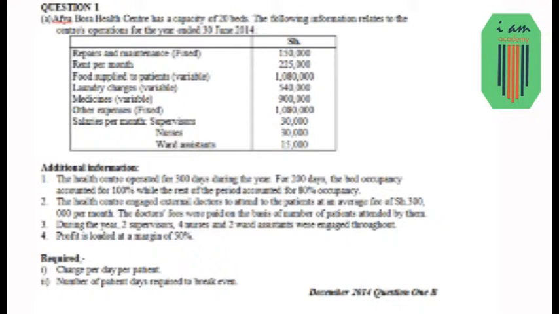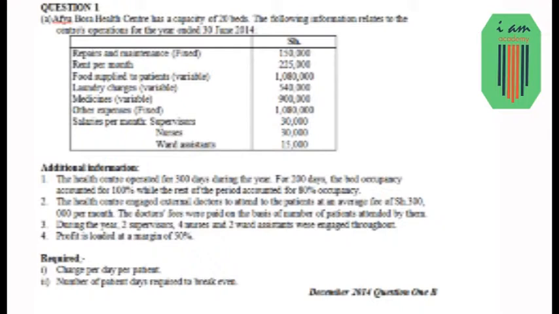Number 1, the health center operated for 300 days during the year. For 200 days, the bed occupancy accounted for 100%, while the rest of the period accounted for 80% occupancy. Number 2, the health center engaged external doctors to attend to the patients at an average fee of 300,000 per month.